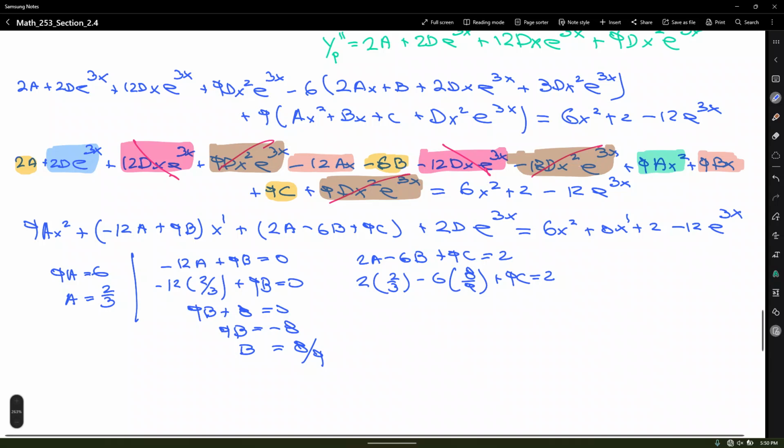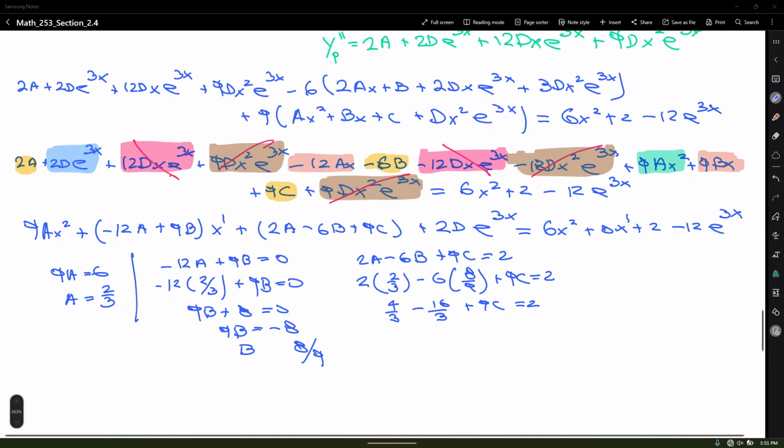Actually, we can reduce, so that's 4/3 minus 16/3, plus 9c equals 2. Combining 4/3 minus 16/3, is that negative 12/3? Yes.